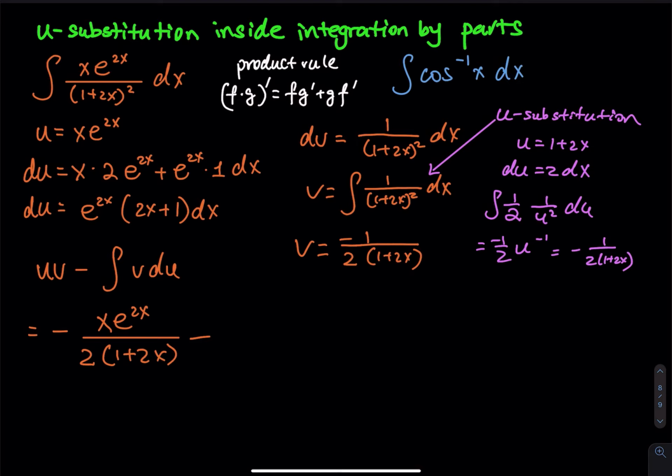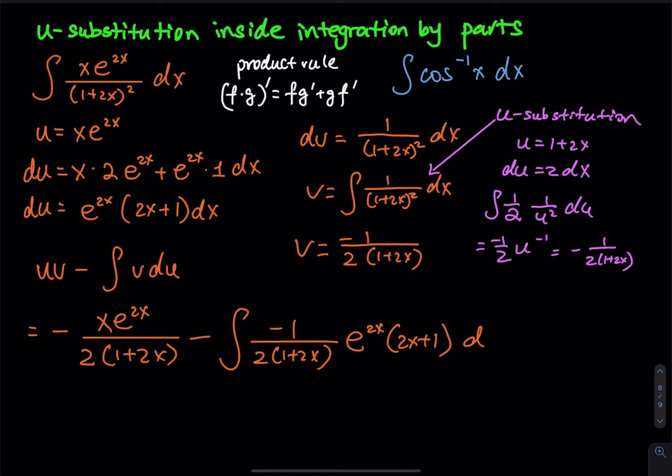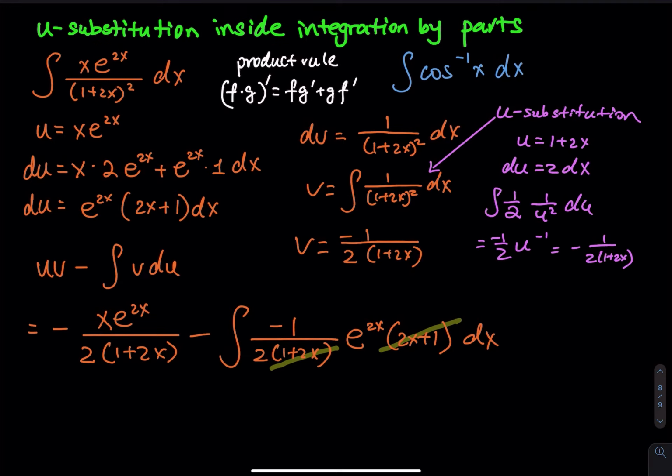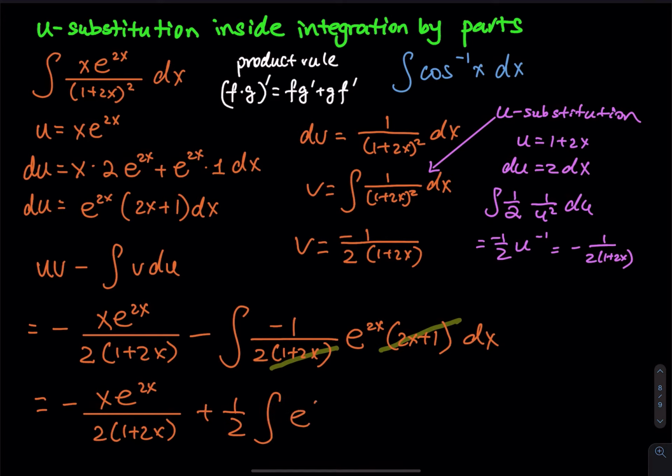So v is negative 1 over 2 times (1 plus 2x), and the du is e to the 2x times (2x plus 1) dx. We can simplify this: the 2x plus 1 and the 1 plus 2x cancel, and the negative 1 over 2, we can take this out. So we have negative x e to the 2x divided by 2 times (1 plus 2x), and then bring the 1/2 out, and then we have the integral of e to the 2x dx.